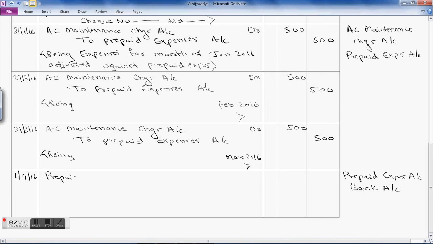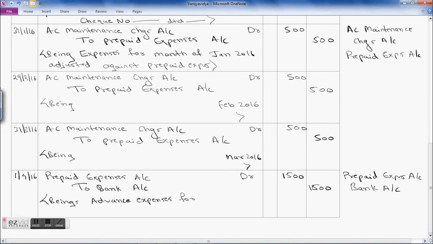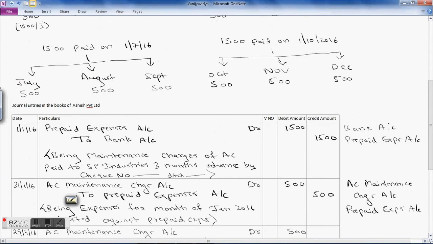So prepaid expenses account will be debited. So prepaid expenses account debit 1500 to bank account 1500, being advance expenses for a quarter paid to, what is the industry name?